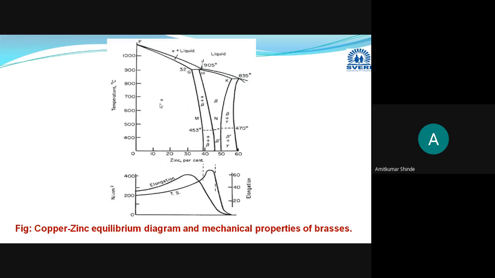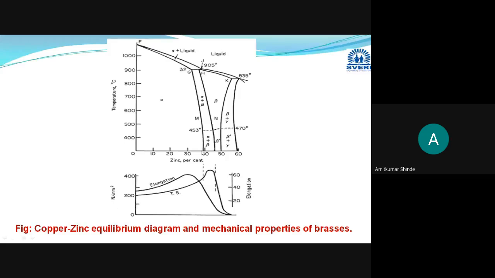Whichever amount of zinc is added, it gets completely soluble in the copper, and it shows only one phase, which is alpha, a solid solution of copper and zinc, completely soluble in each other. Up to 38% zinc there will be only one phase, the alpha.